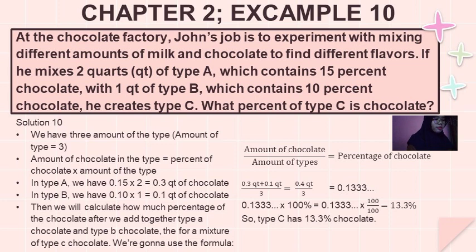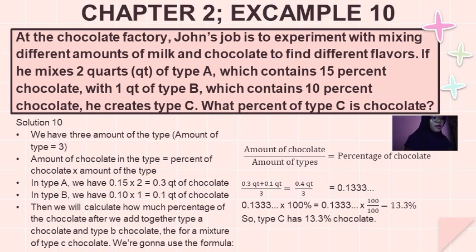So, solution. We have 3 quarts in total of the mixture. Amount of type is 3. Amount of chocolate in the type equals percent of chocolate times amount of the type.